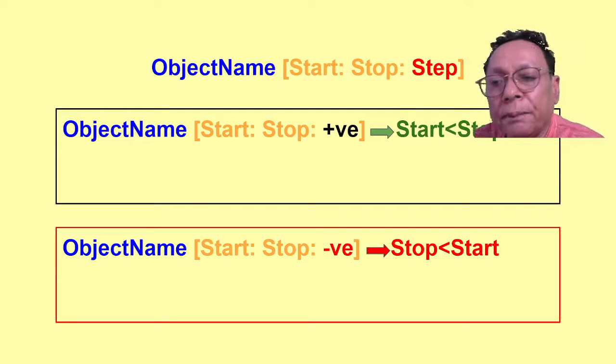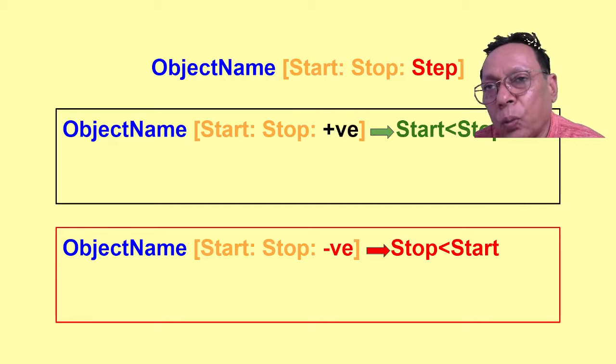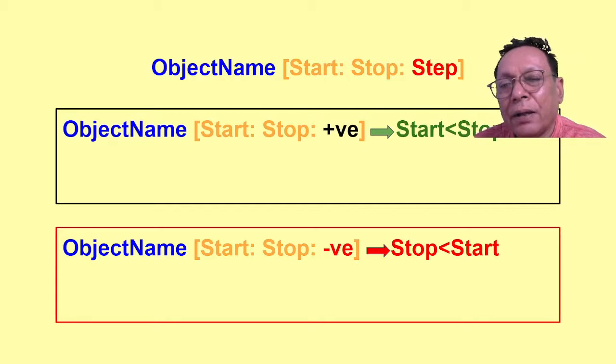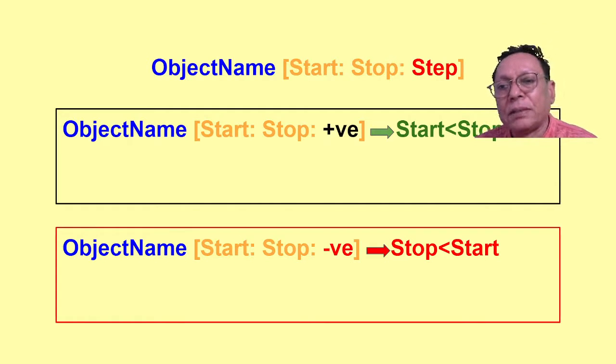So again, I'm here to remind you that on list objects, while doing slicing, you need three parts. Part number one is start, the second part is stop, and the third part is step.